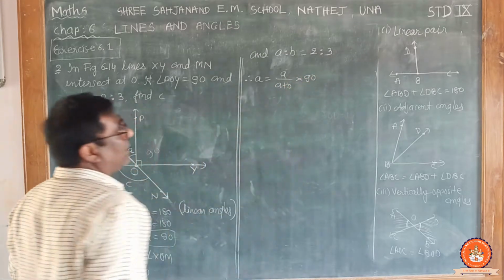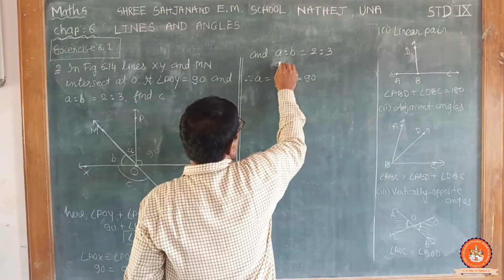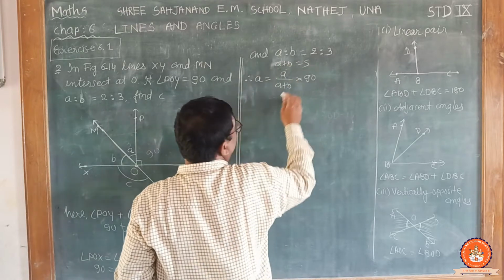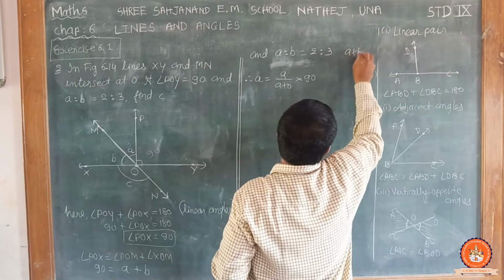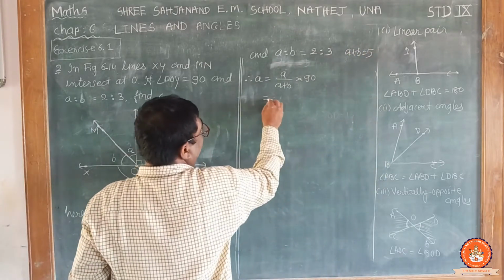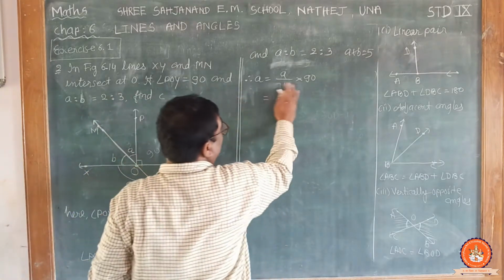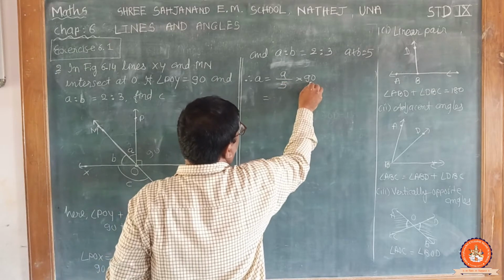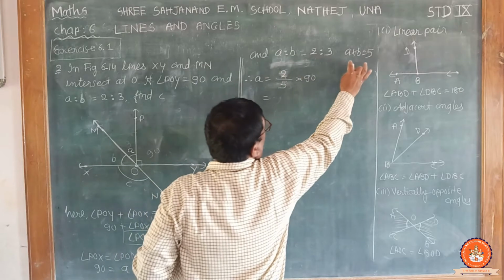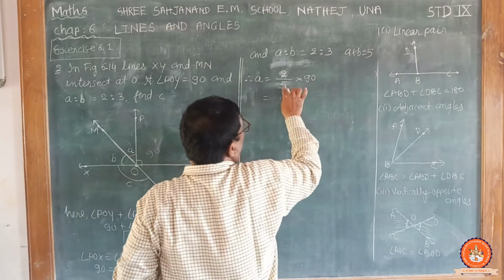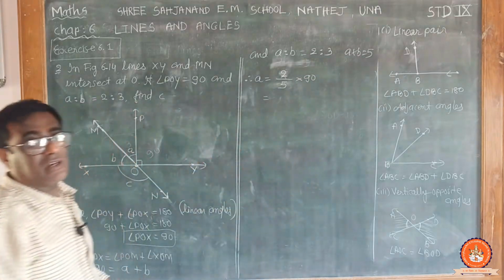Here the total parts, A plus B, will be 5. So the value of A is A divided by 5 into 90, that is 2, the part of A divided by the total parts into the sum of the two.